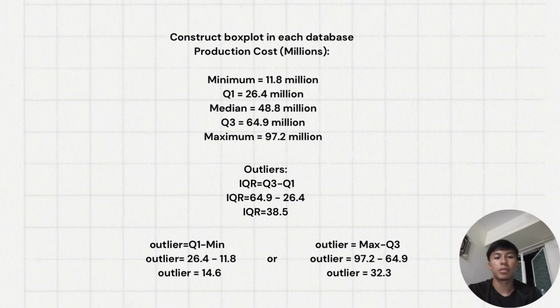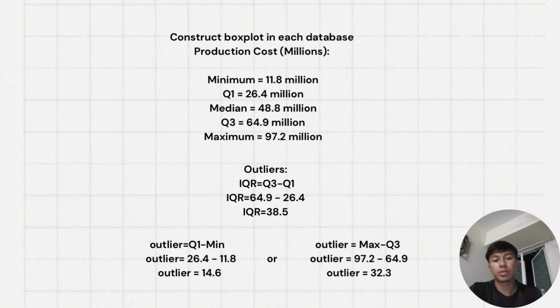The box plot for production cost: minimum is 11.8 million, Q1 is 26.4 million, median is 48.8 million, Q3 is 64.9 million, and maximum 97.2 million.